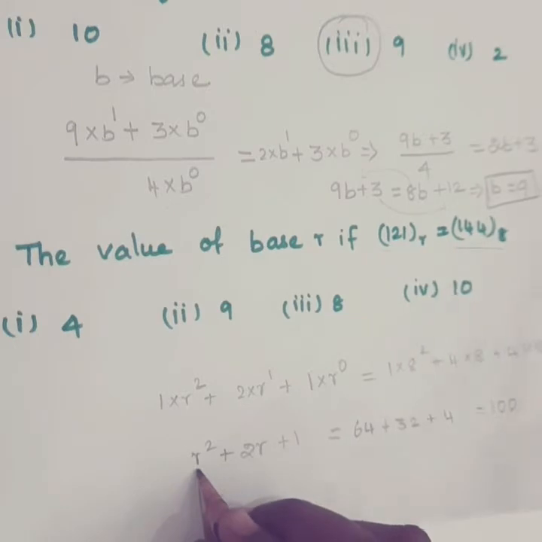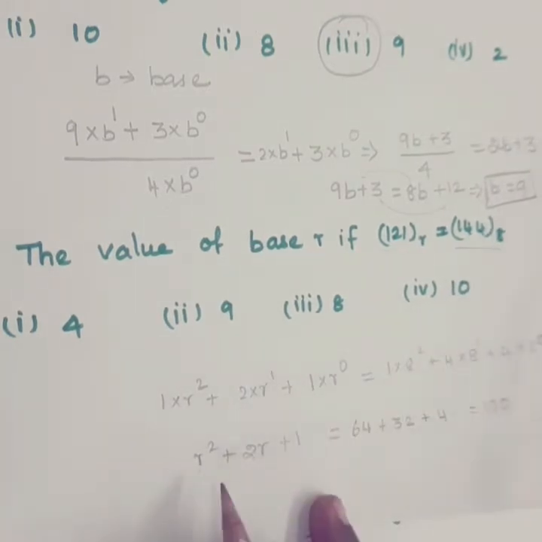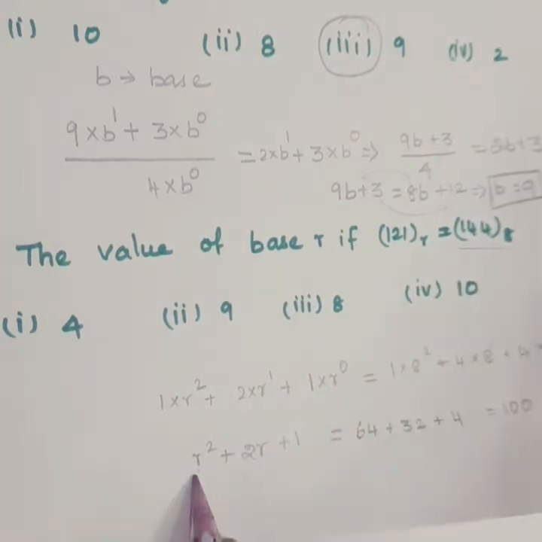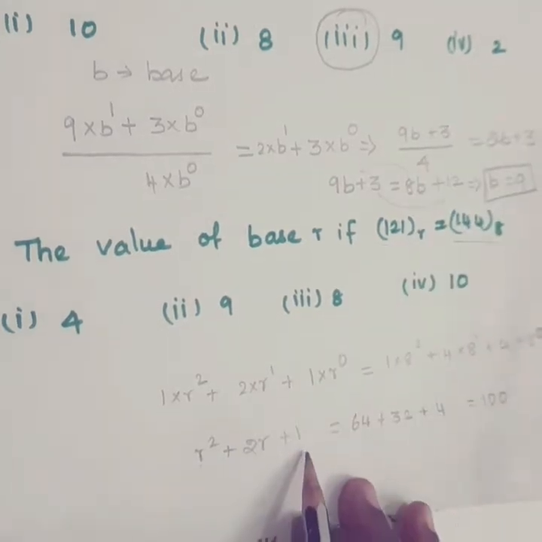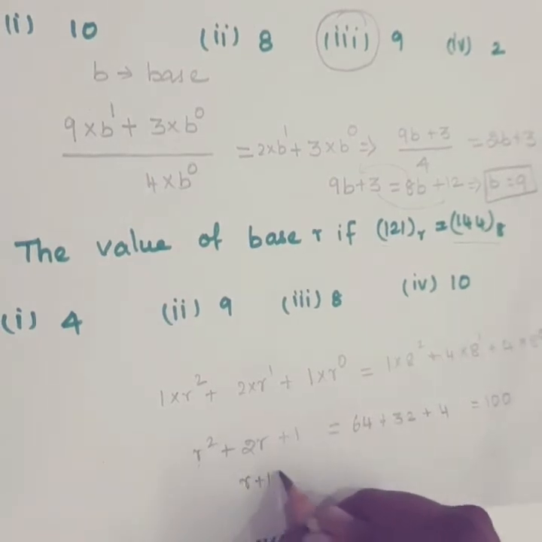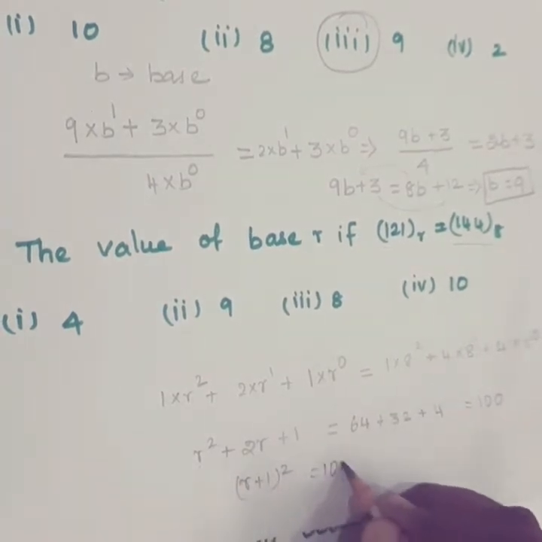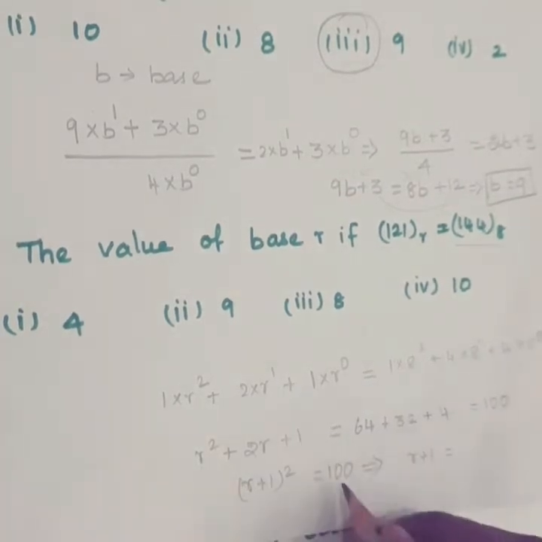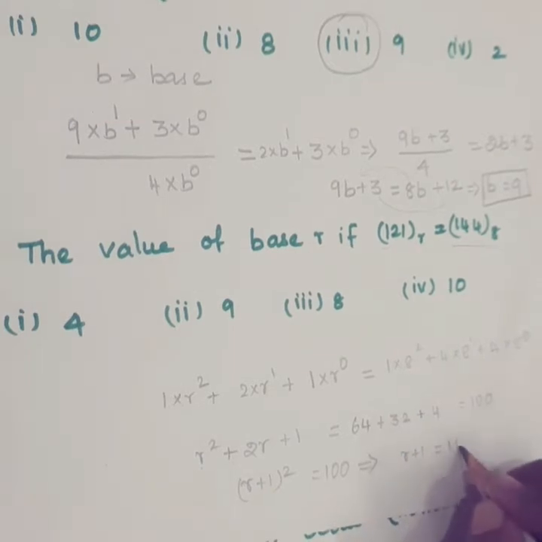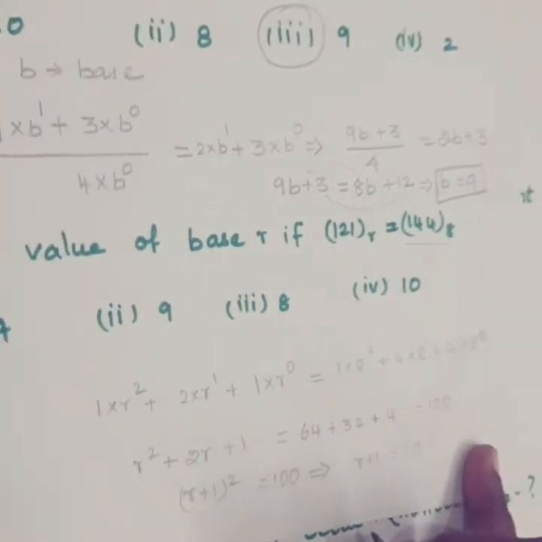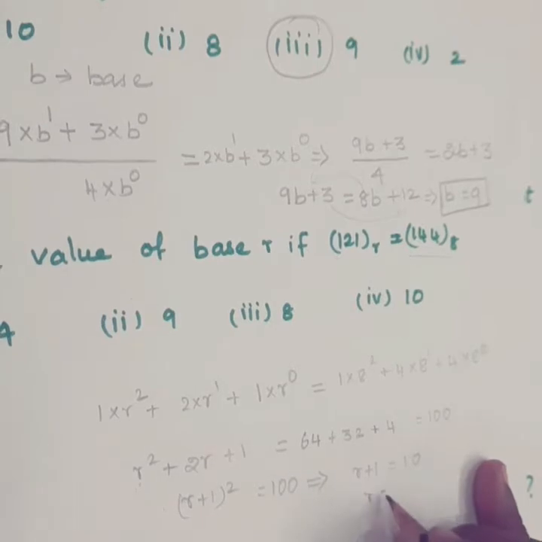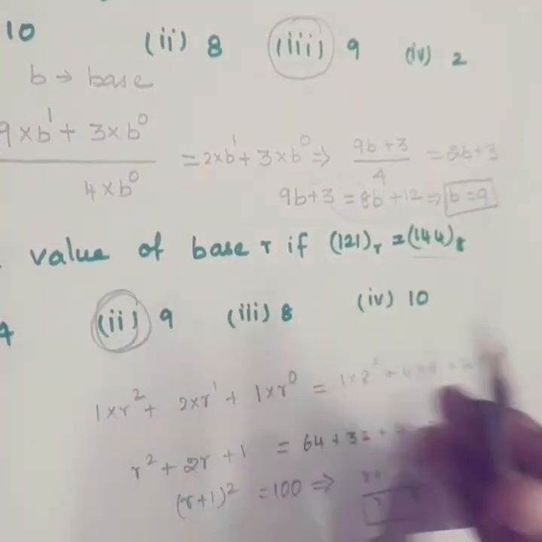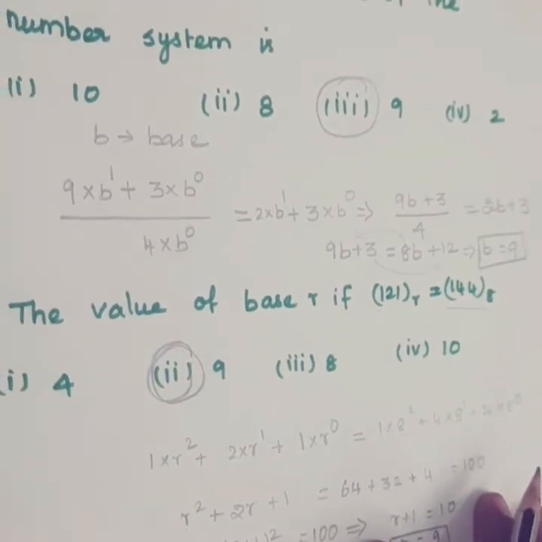Here a is R and b is 1. So (R plus 1) the whole squared is equal to 100. If you solve this, R plus 1 is equal to the square root of 100, which is 10, right? So R plus 1 is equal to 10, then R is equal to 9. So the correct answer is 9. That is option 2.